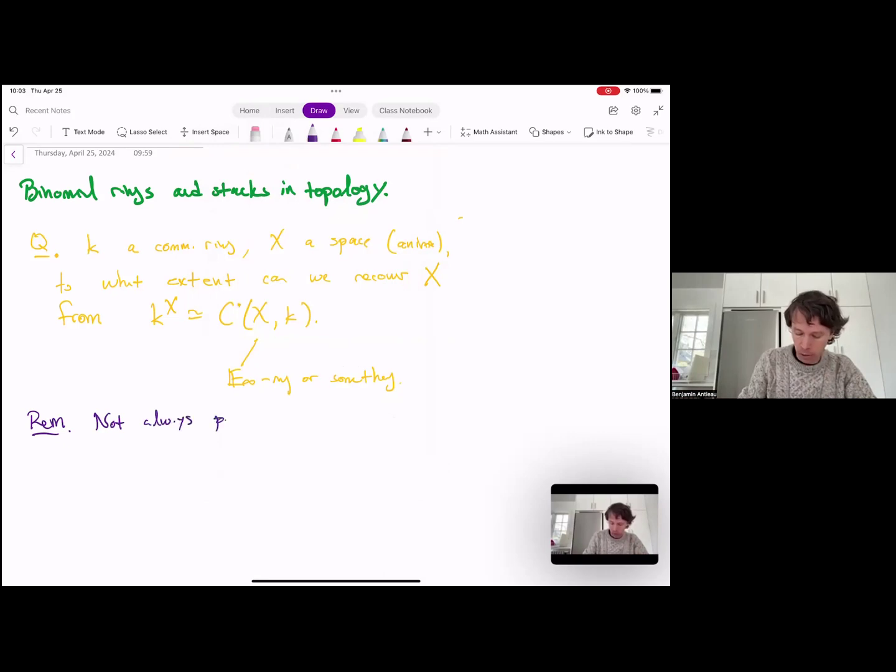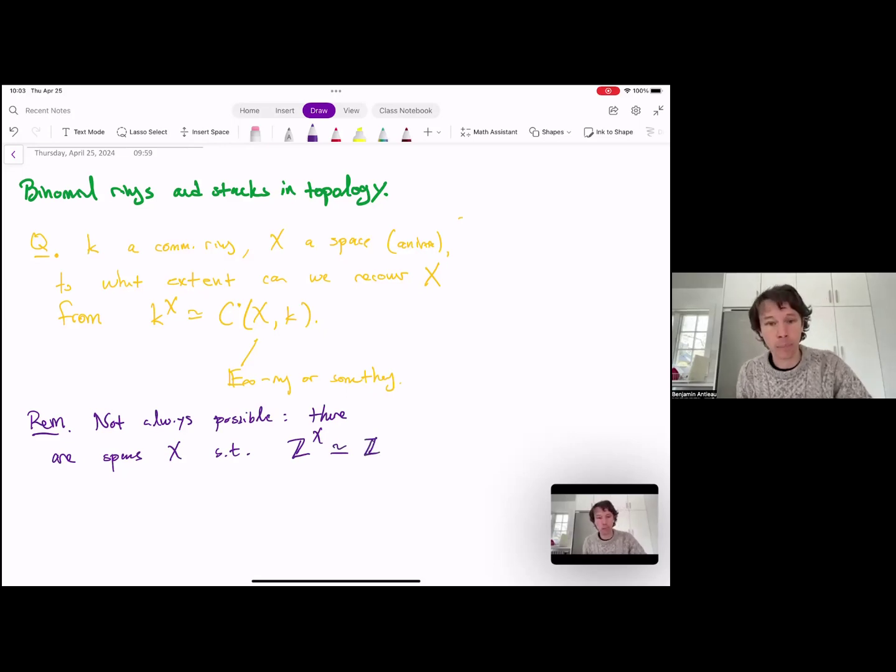Not always possible. There are acyclic spaces. There are spaces X such that even the integral cochains are just equivalent to Z, but where, for example, pi1 X is not 0. So these are acyclic spaces.